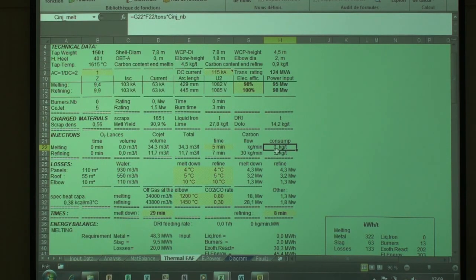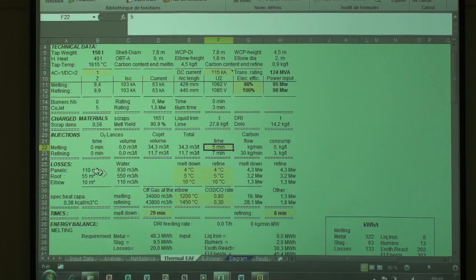So in the consumption I calculate the time, so you can adjust the time you are injecting carbon during melting here. Because you may start carbon injection earlier, but for refining it's considered that the carbon injection is running all the time.